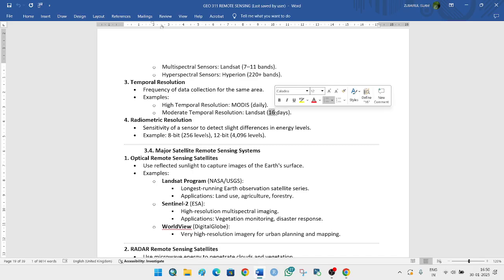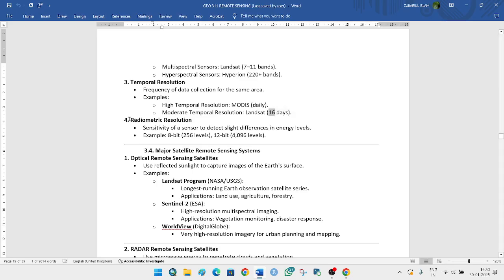What does it mean? Around 15 or 16 February. So you do not know what is there in between in Abuja if you are using Landsat data. So if repetitive time is less, temporal resolution will be higher.